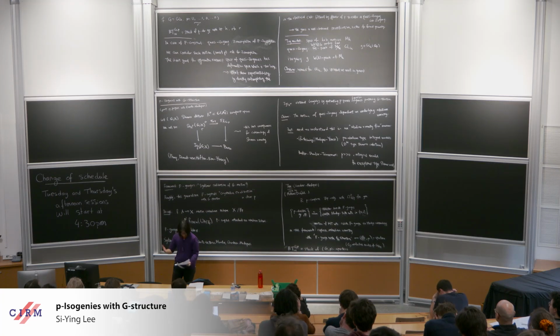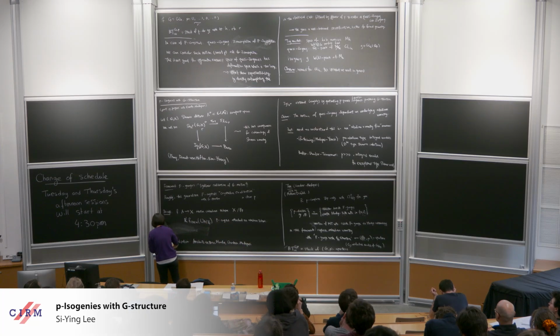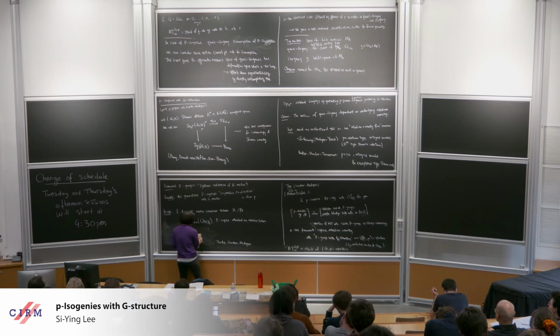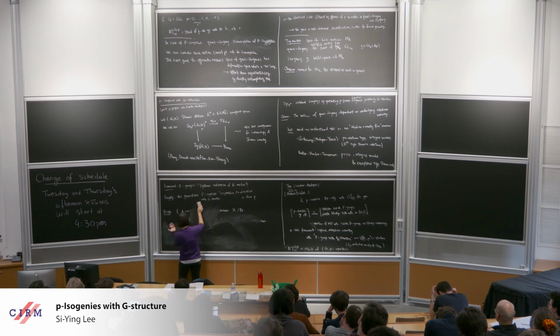Anyway, the point of that toy model is that it tells us a little bit about what general object we are looking for. Because of that, let me give a definition of what kind of object you will be looking for to produce a space of isogenies.